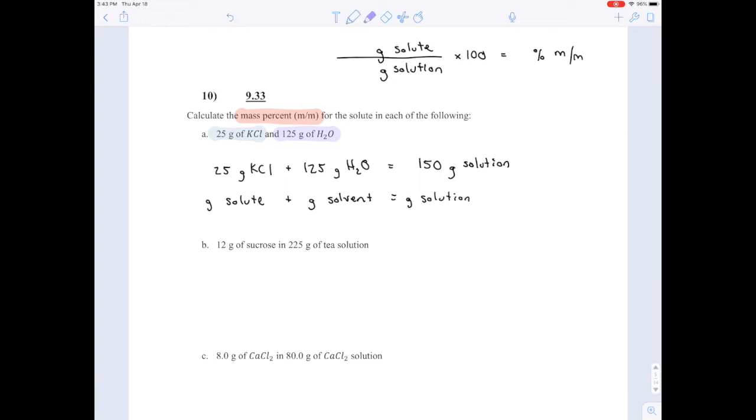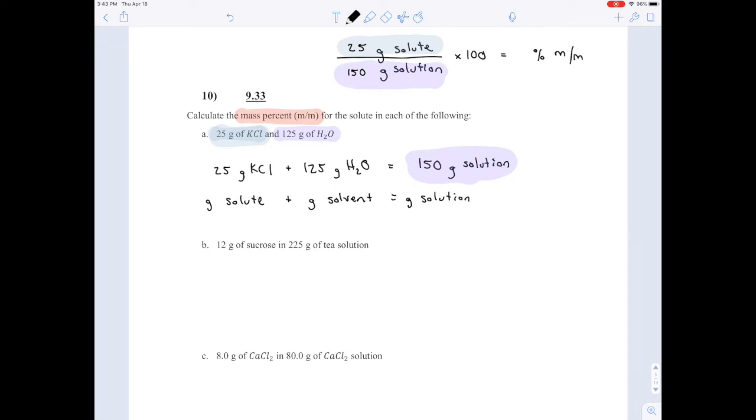Okay, so just to follow everything here by color, the solute we had 25 grams of, so we can put in a 25 there. The solution we have 150 grams of, so we can put 150 there.